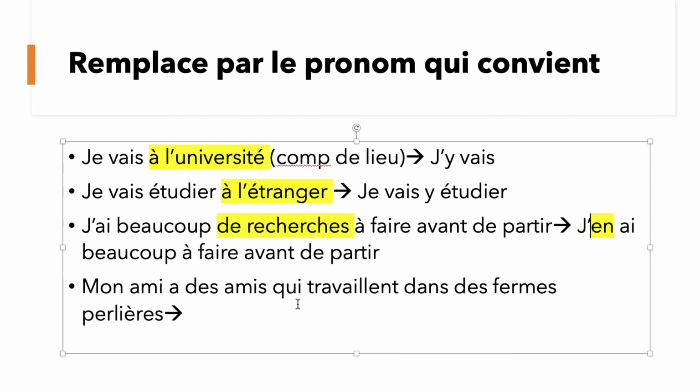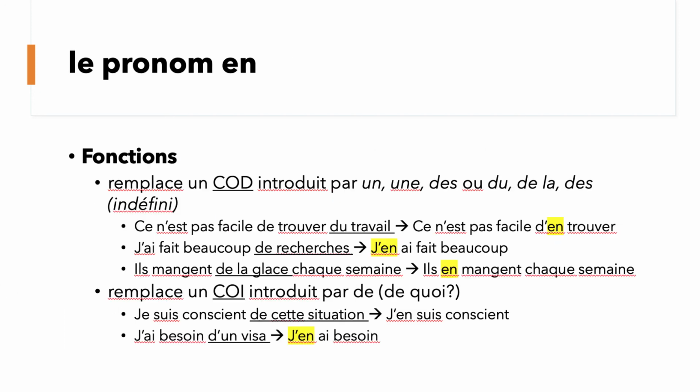Mon ami a des amis qui travaillent dans des fermes perlières. So here you'll see on the quiz that it tells you to have two pronouns to replace it. So first of all, what I'll do is I'll ask the question, mon ami a quoi? Des amis, right? And notice that it starts with a des. That tells me it's indéfini, right?